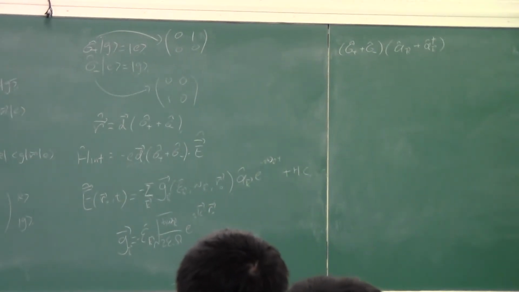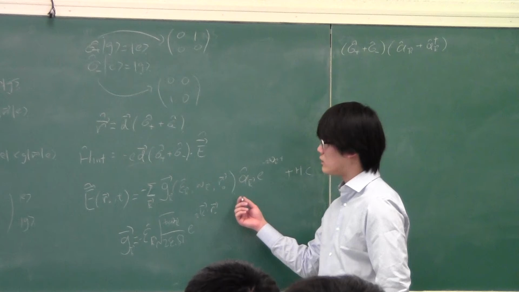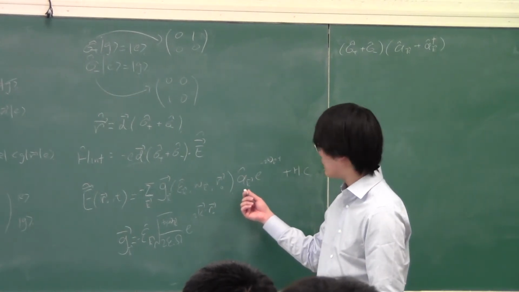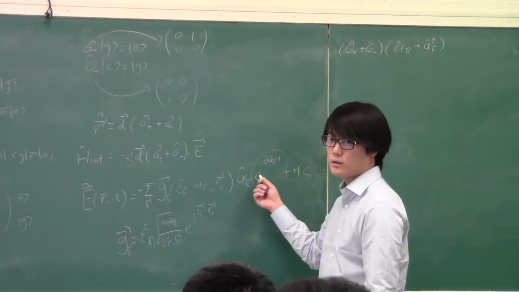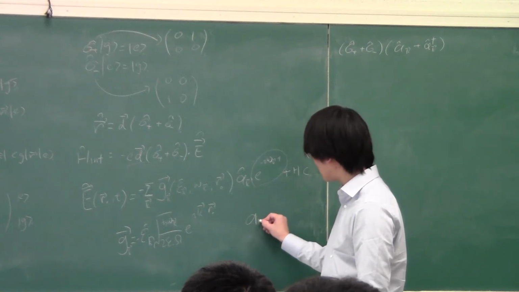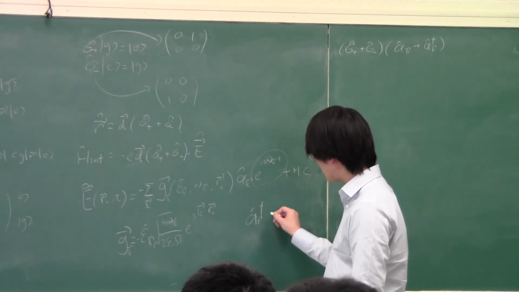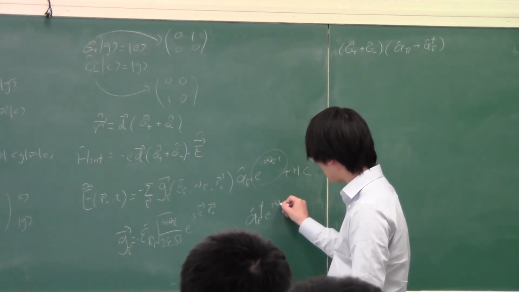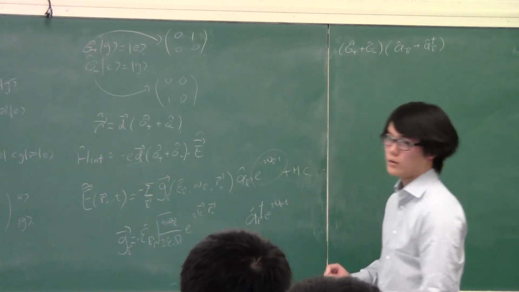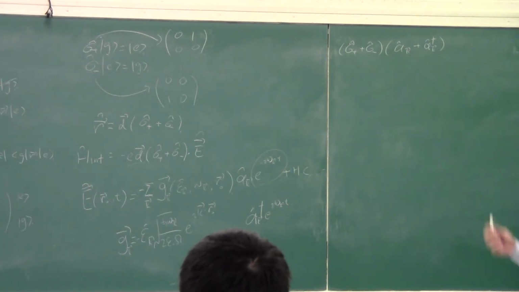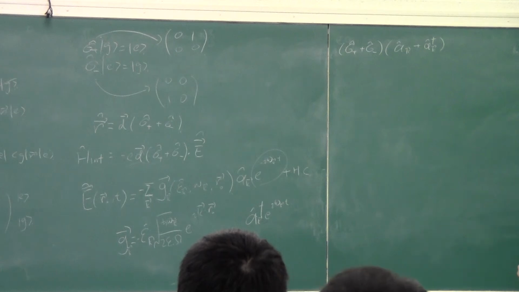But now we're going to do the rotating wave approximation. Naturally, these electric field operators have attached to them these phase factors, and then a dagger has attached to it this one. What about those dipole transitions?